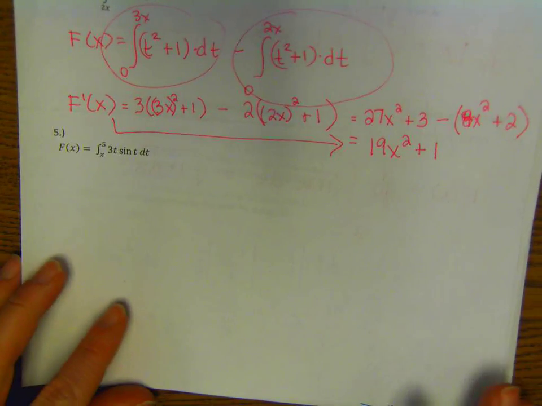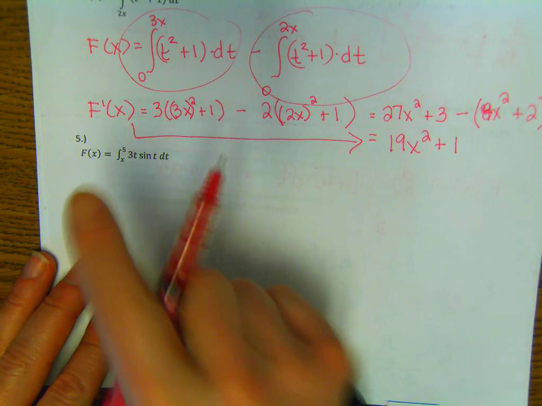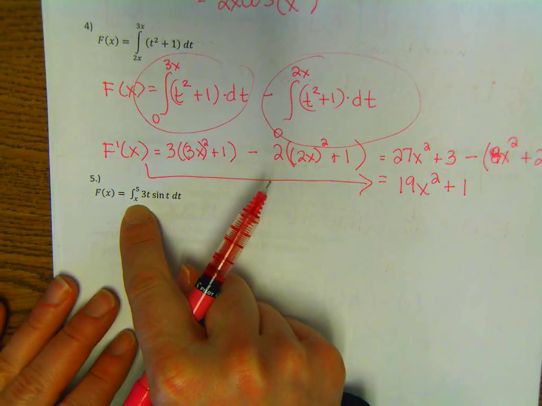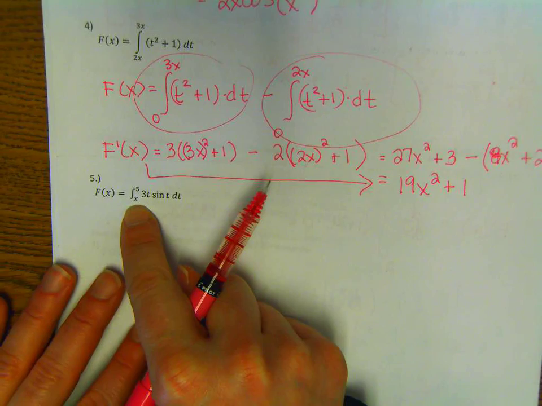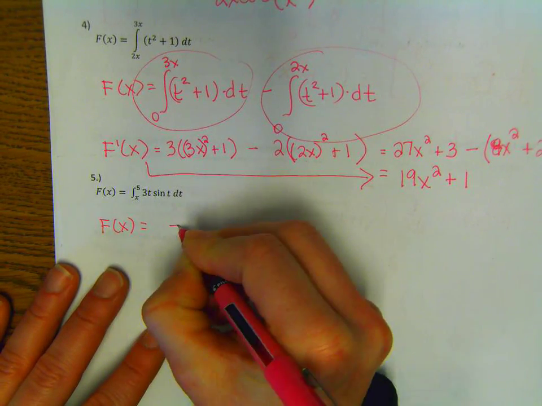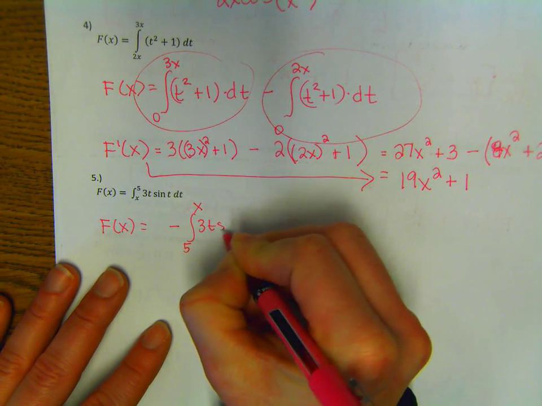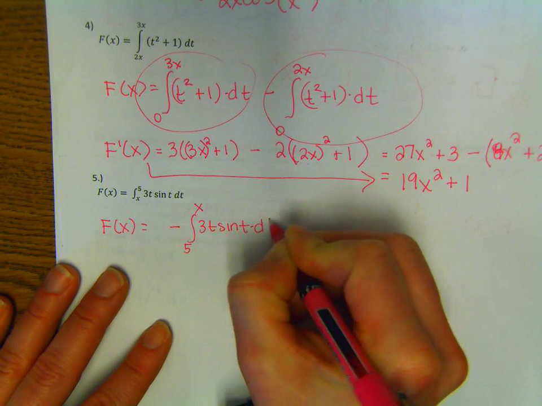I was alluding to this before. When this is not chain rule, but the x is at the bottom. And so what I would do before I started this problem is I would rewrite this as negative the integral from x to 5 of 3t sine t dt. Are you guys all okay with that?